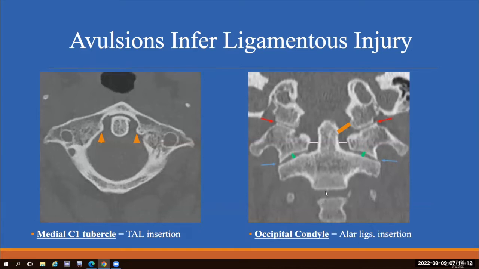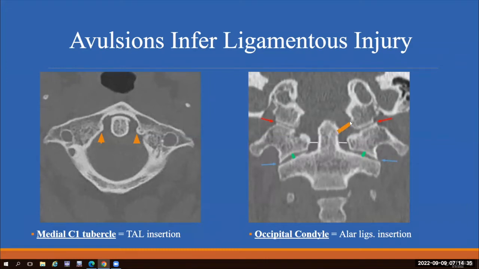Besides the joint space relationship, the other CT finding you have to look for is whether or not you have avulsion fractures. You can avulse the medial tubercle of C1, which is where the transverse atlantal ligament inserts. If you have a fracture that pulls off the bone here, you know that you've avulsed your transverse atlantal ligament. Analogous here is the alar ligament insertion.